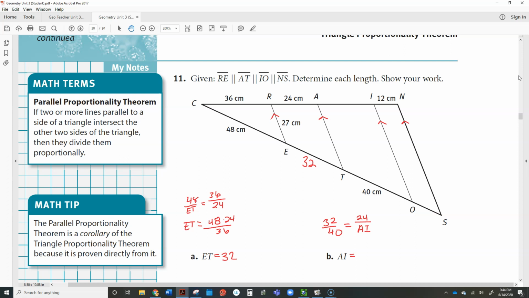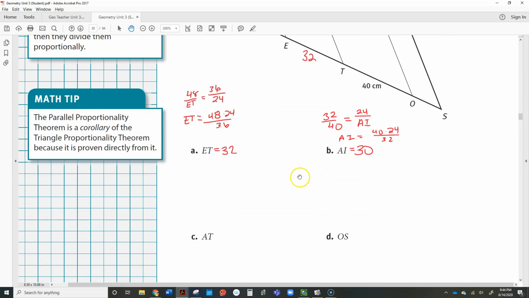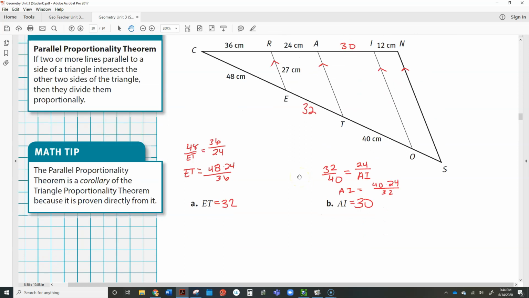Cross multiply and divide, you get AI is equal to 40 times 24 divided by 32. And AI comes out to be 30.